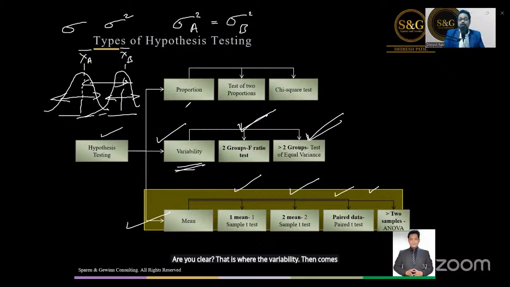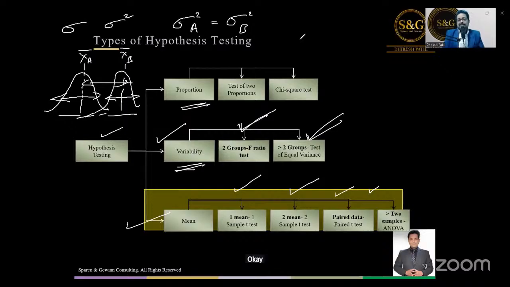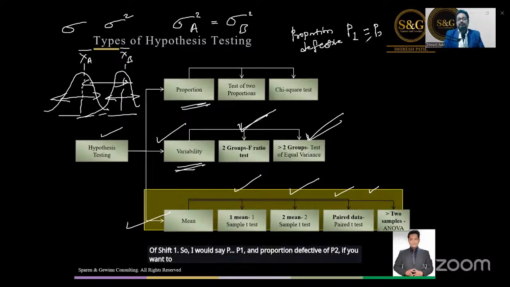Then comes the proportion. What is proportion? Let's say you want to compare the proportion defective of shift 1, P1, and the proportion defective of shift 2, P2.